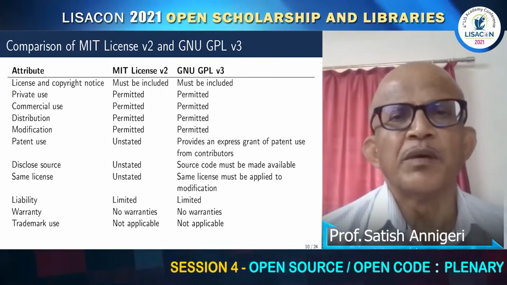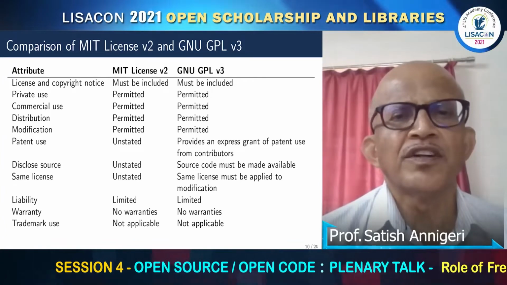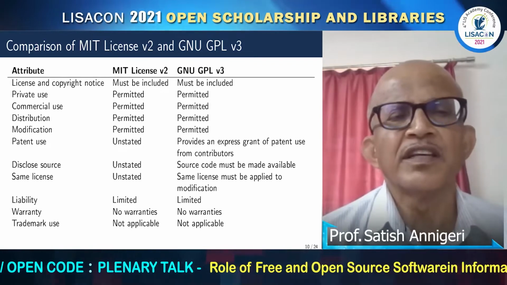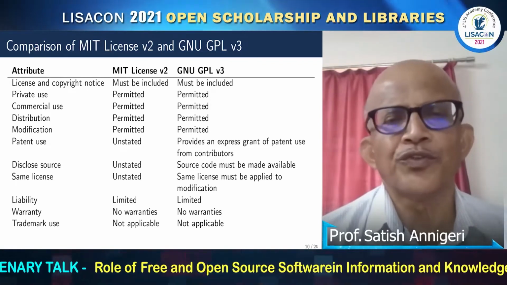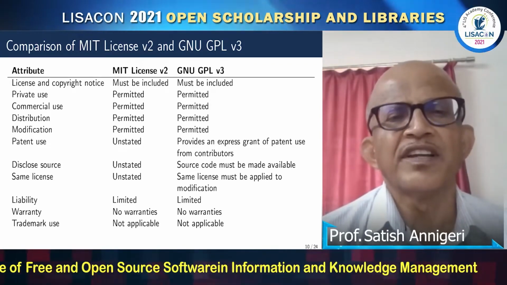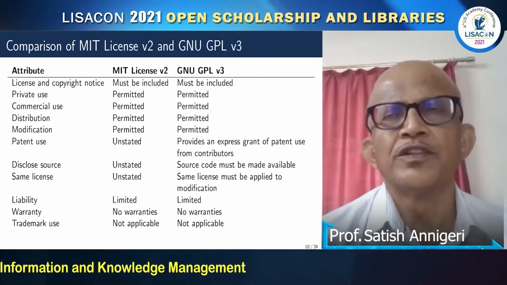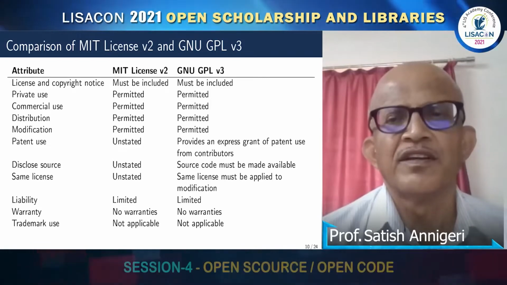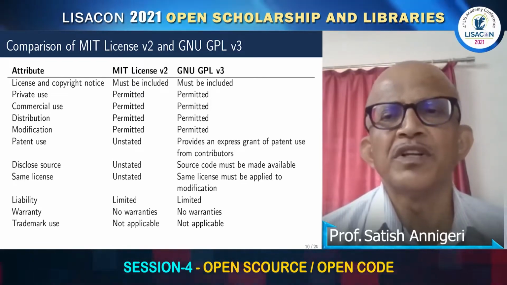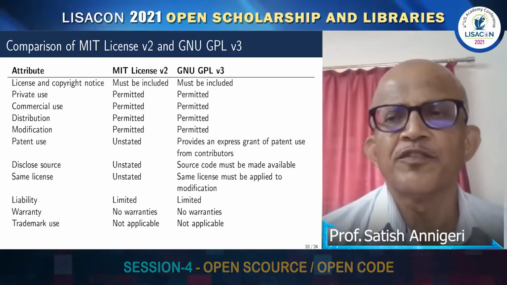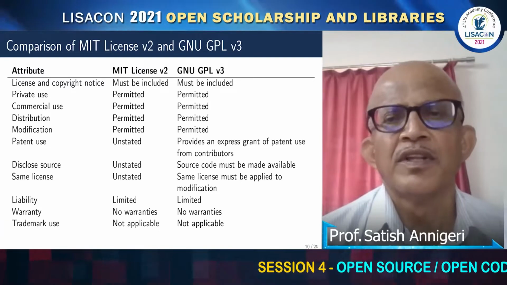For example, MIT license version 2 does not state anything about patent use. It does not state anything about disclosing the source code and does not state anything about whether the software to be redistributed should follow the same license. On the other hand, GNU GPL imposes certain conditions. It provides an express grant of patent use from contributors.